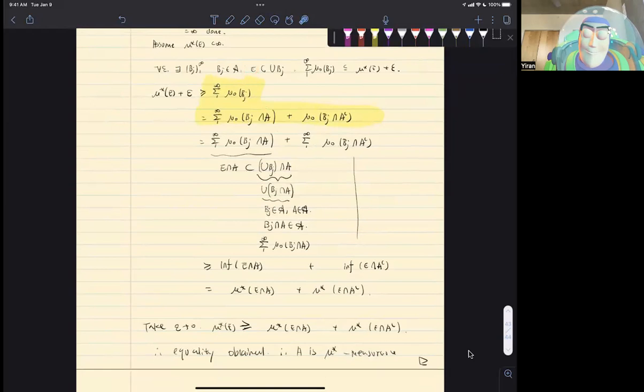And then why do I want the infimum? Let's see. Let's think about this. B_j, E intersect A is a subset of the union of B_j intersect A, which is equal to this, right?